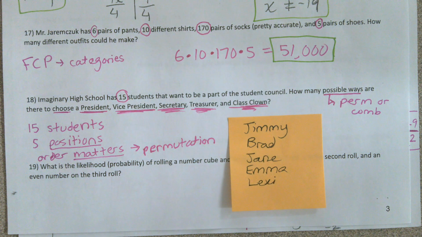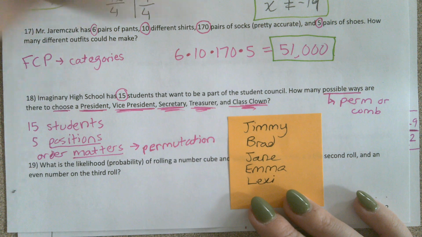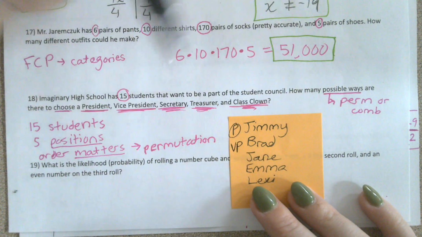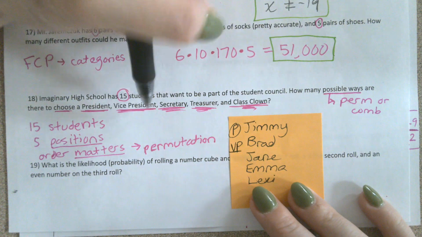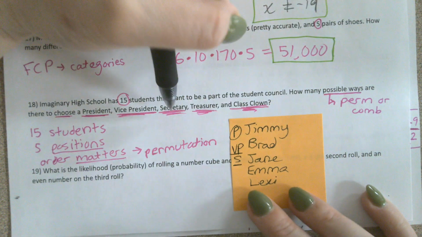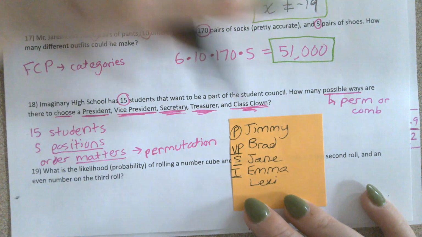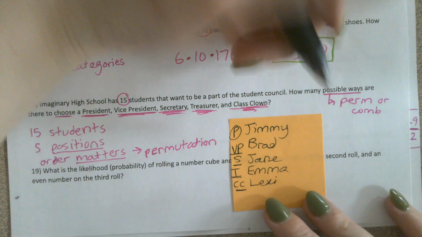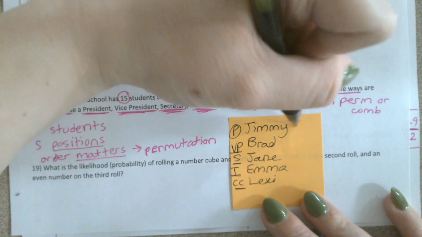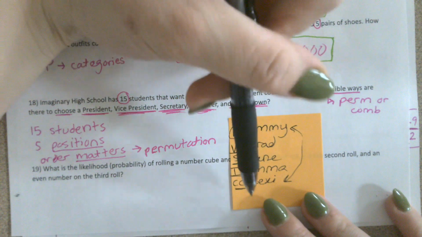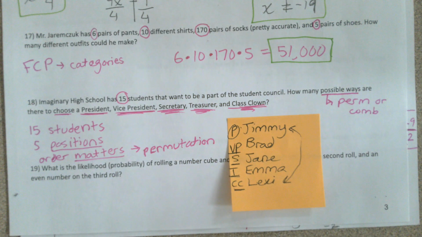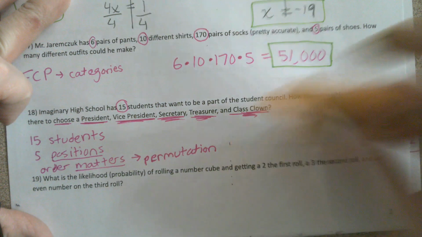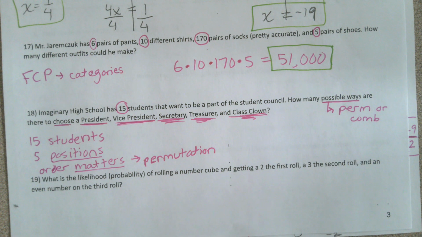If I go in this order, that means Jimmy is the president, Brad is the VP, Jane is the secretary, Emma is the treasurer, and Lexi is the class clown. So order matters here, because if I switch any spots, like Jimmy and Lexi, now Lexi is the president and Jimmy is the class clown. Order does matter here. It does affect what they do. So this is a permutation.